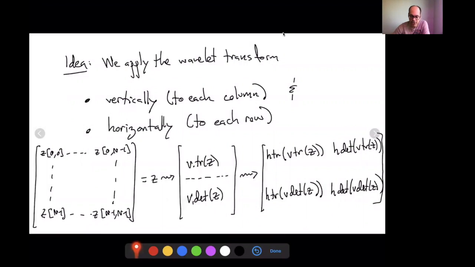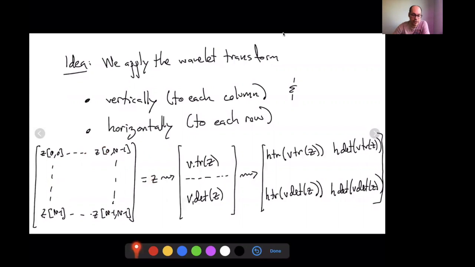The basic idea of the two-dimensional wavelet transform is just going to be to apply the one-dimensional wavelet transform first to every vertical strip and then to every horizontal strip of, for example, the image. So what does this look like? The basic structure looks something like this. We start with the signal z, which we think of as some big matrix.